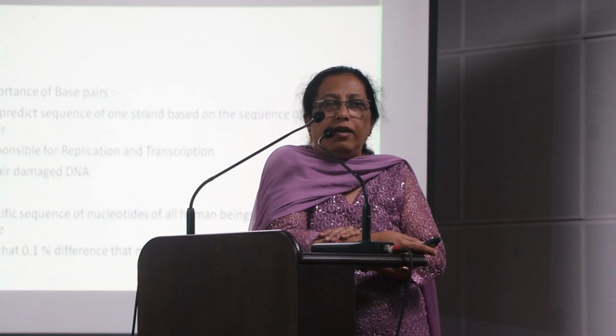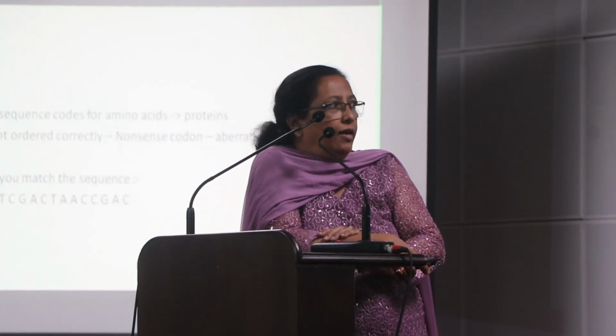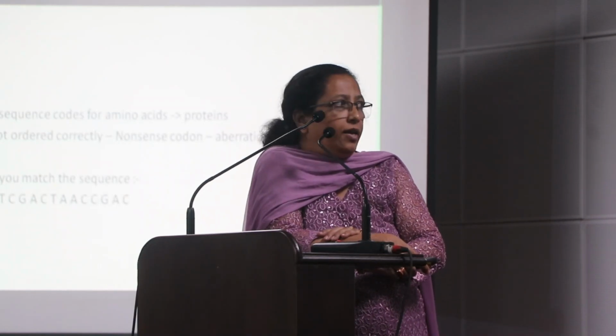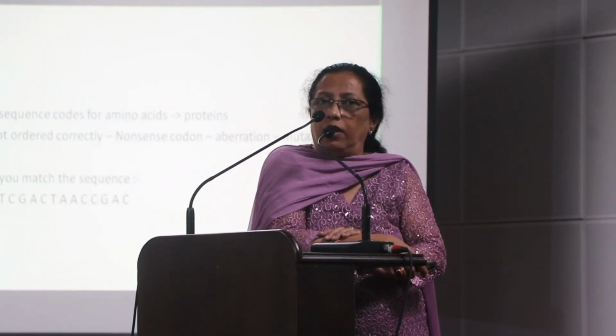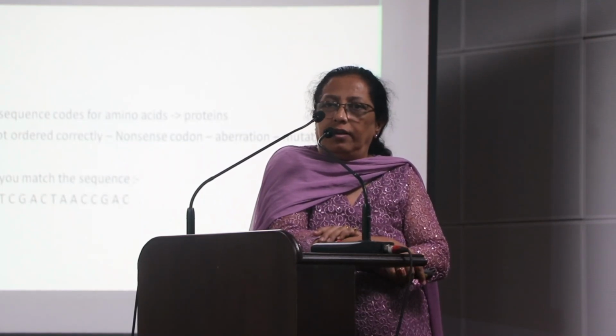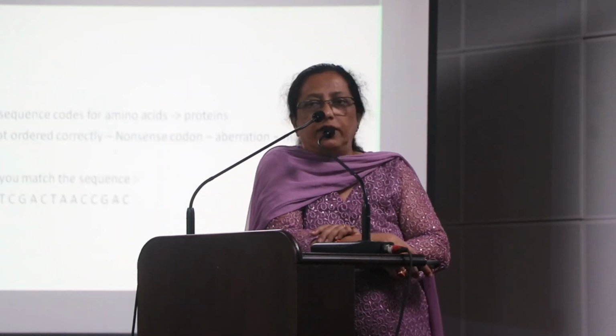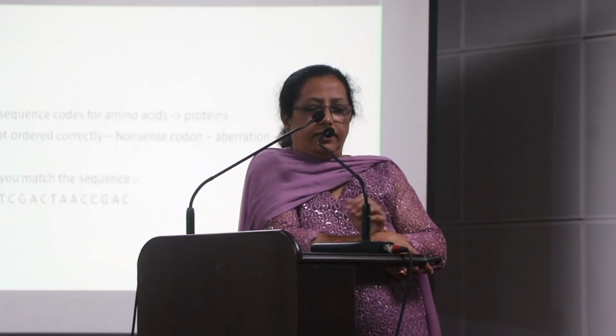That is, if there is ATGC, ACTAA, CCGAC, you can certainly say what the other strand of the DNA molecule will have. So from this you can say the sequence of the other strand.